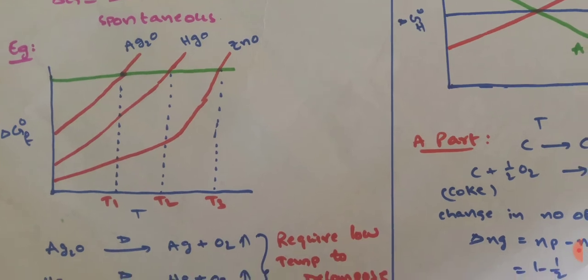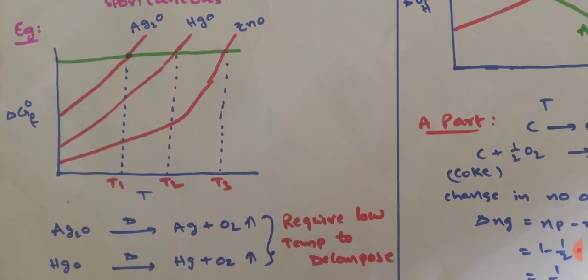Now we have three different types of compounds: silver oxide, mercury oxide, and zinc oxide. When we observe these three kinds of compounds, they may not give the same graph.